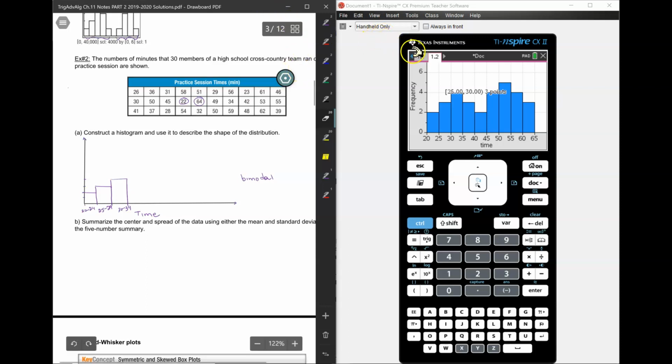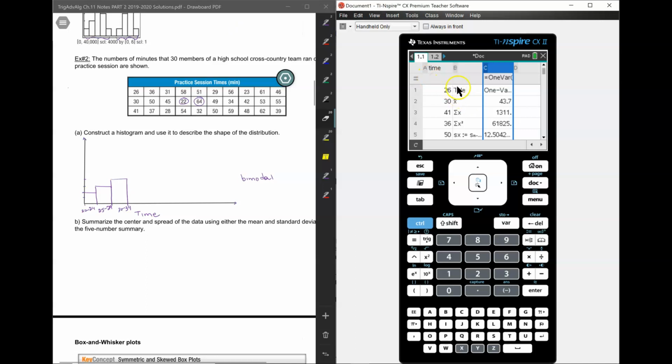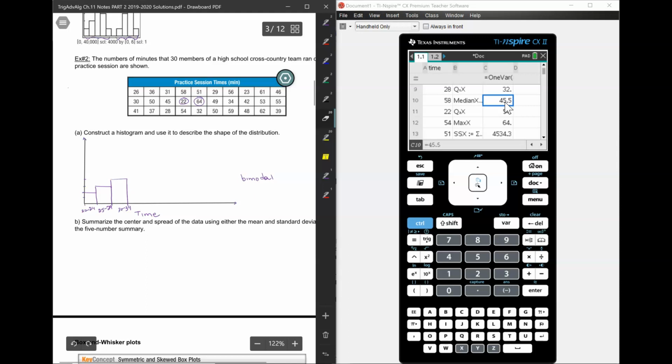All right, so let's go back to our data. What I did for this data is I had done a 1 variable statistic. And you see here that the median is 45.5. That means you're going to enter the data by halves.